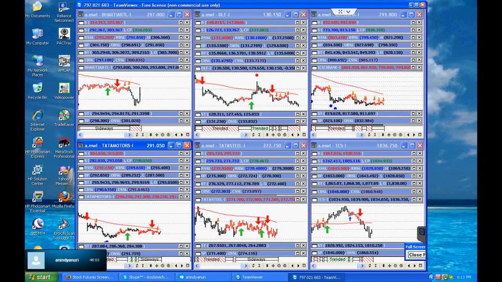See, it should also be understood when the system doesn't perform best. The system doesn't perform best when there is a movement like Tata Steel's, and if there are quick spikes.